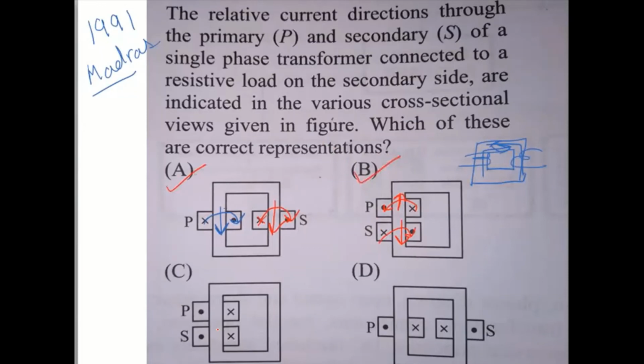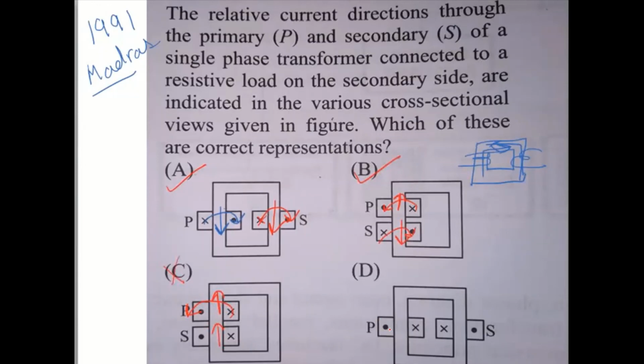Now if we talk about C, applying the right hand thumb rule, the primary is producing flux in this direction, and the secondary is also producing flux in this direction. So this is not the correct one, as the transformer action fails here.